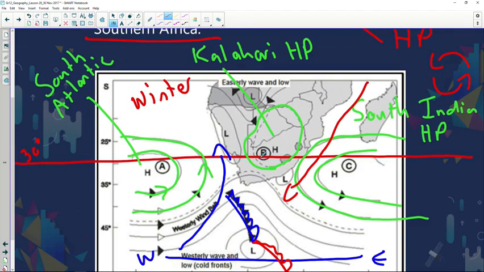The South Indian and the South Atlantic are quite stationary, but they migrate north and south because of the ITCZ. So what basically happens, in the summer, the South Atlantic tends to move down south. So what does it do? It blocks out the mid-latitude cyclones that create the Mediterranean climate in the Western Cape and rainfall for the winter.